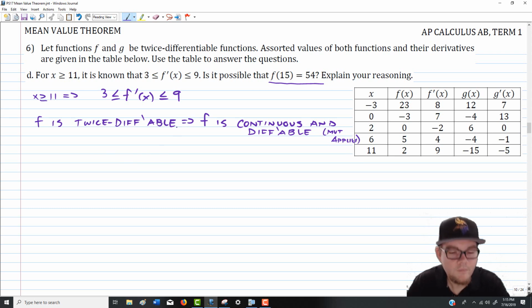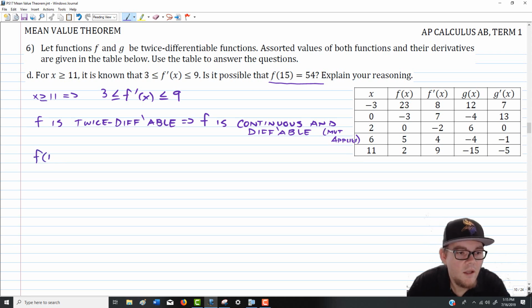Good, good, good. The next thing. Well, we're talking about f of 15. If we're talking about f of 15 and we're in the context of slope and the mean value theorem, here's my thought. The only thing we can do with that f of 15 is set up an average rate of change, right? We don't know enough information otherwise.